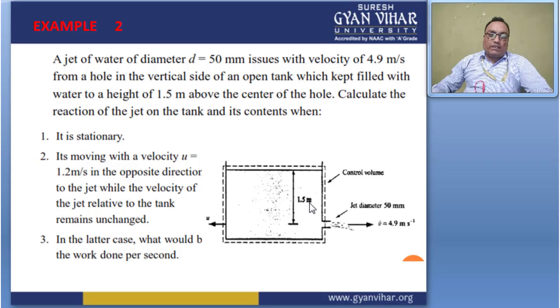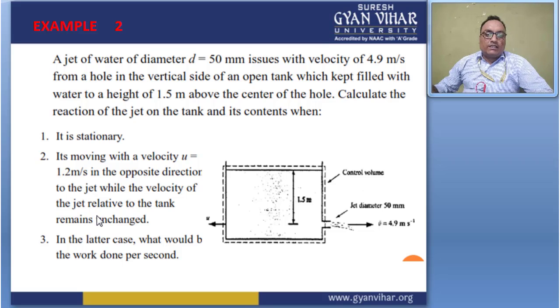So it creates a velocity in the direction opposite to the jet, u equal to 1.2 meter per second, while the velocity of the jet relative to the tank remains unchanged. This is a very good question, and you should solve it as a homework problem. Then we move to the next section of this lecture.